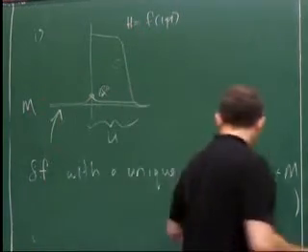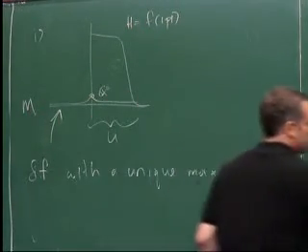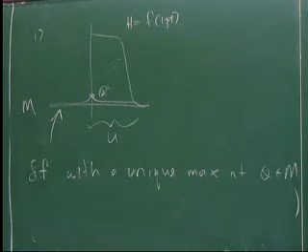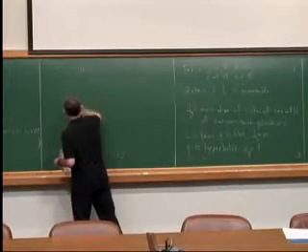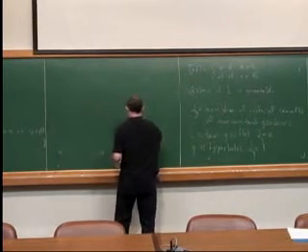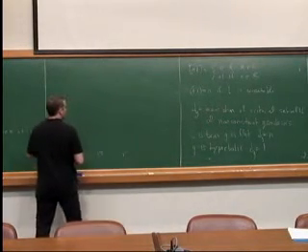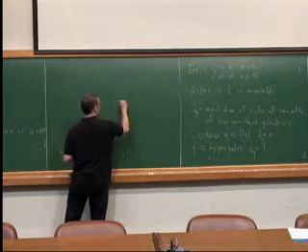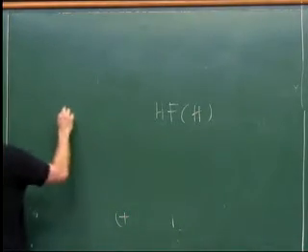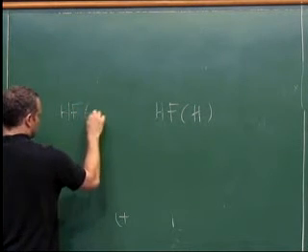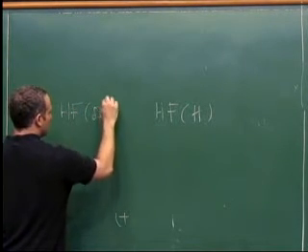So let me describe the picture in terms of maps in Floer homology. So let's start with the part of the picture I just described. We have the Floer homology of H, and we have the Floer homology of our small Morse function.